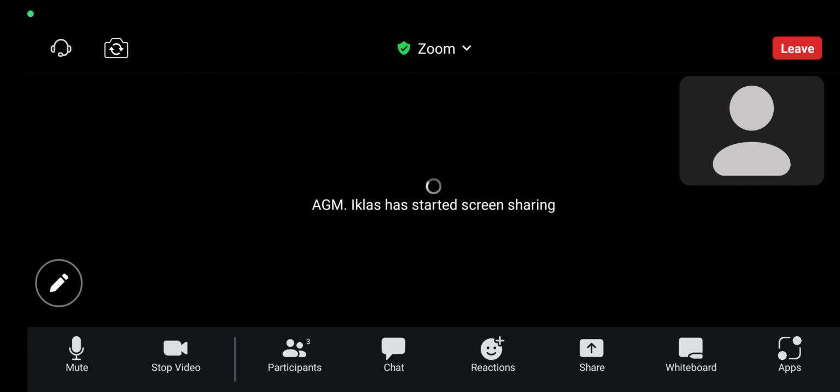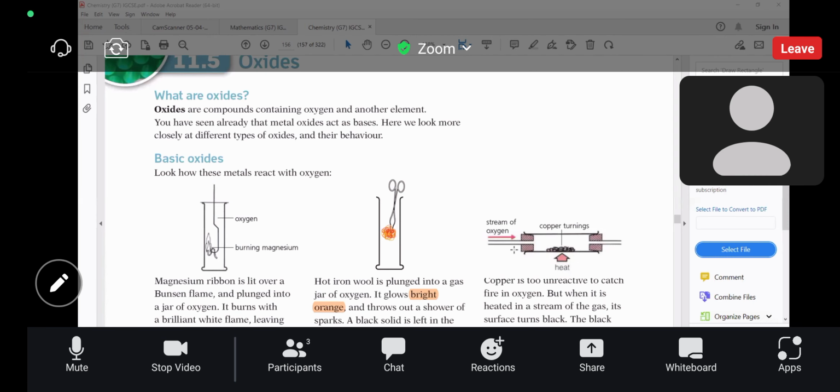Copper. Finally, the copper turnings will turn to a black substance. That's all. There will be no flame or glowing like that. Finally, at the end, there will be copper(II) oxide, a black substance. In the book you can see this is for the copper: this is the observation, and this is the chemical reaction.